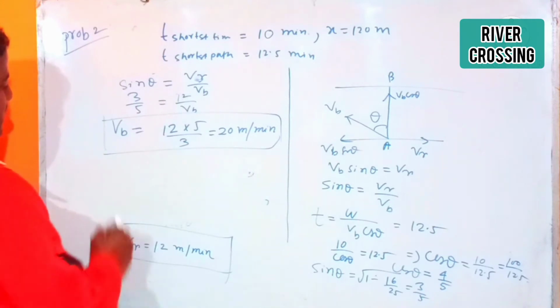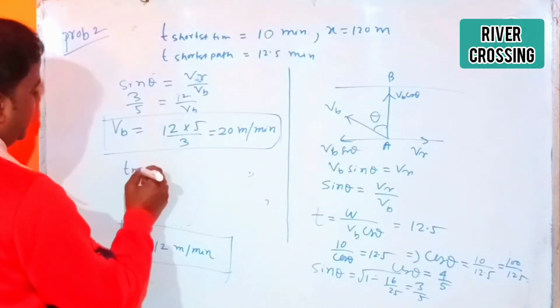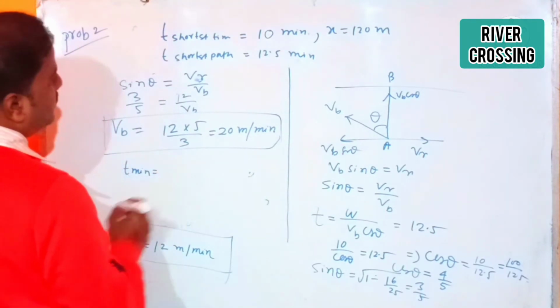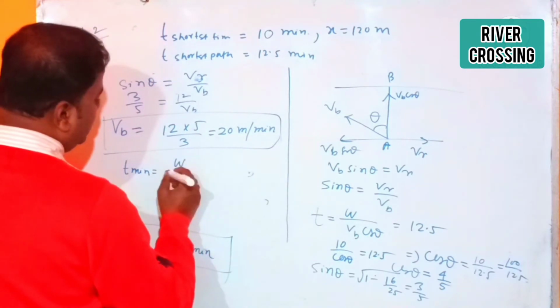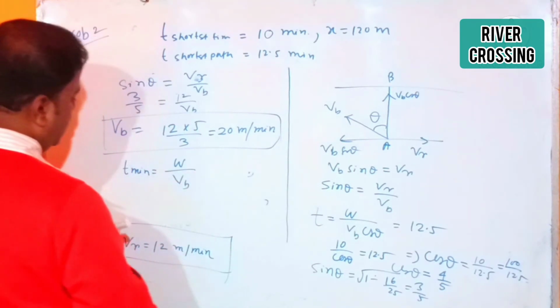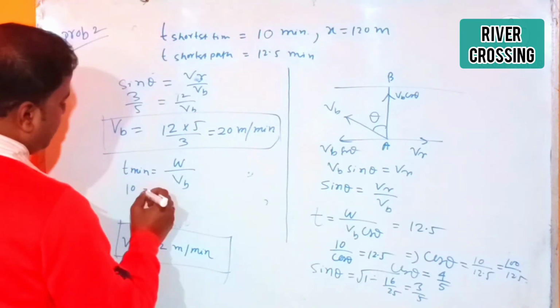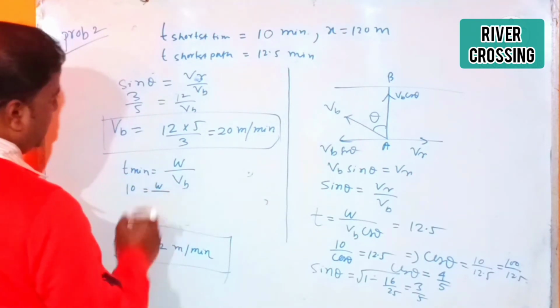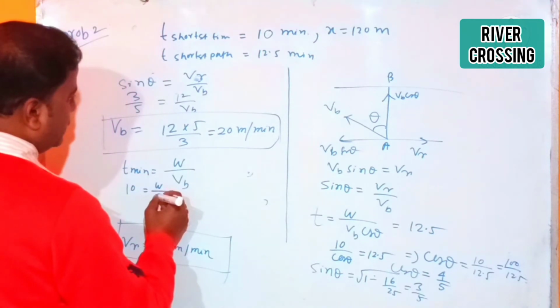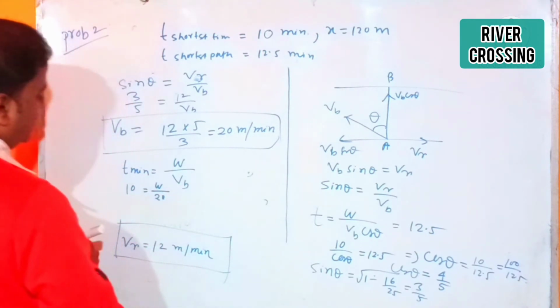From the first condition we get minimum time T min equal to W by VB, and T min equal to 10, W by VB equal to 20.